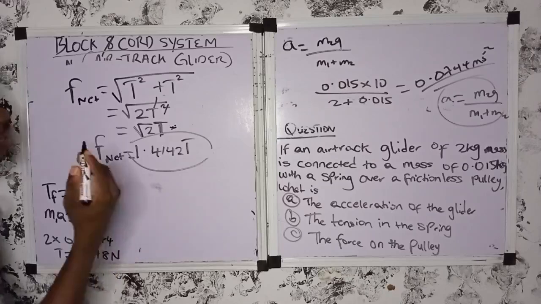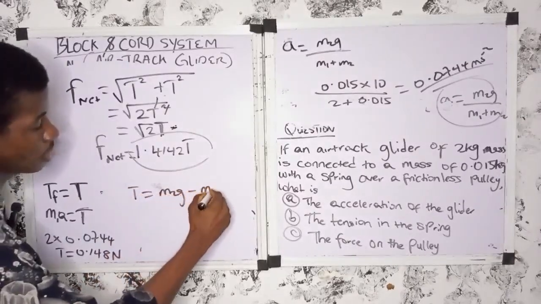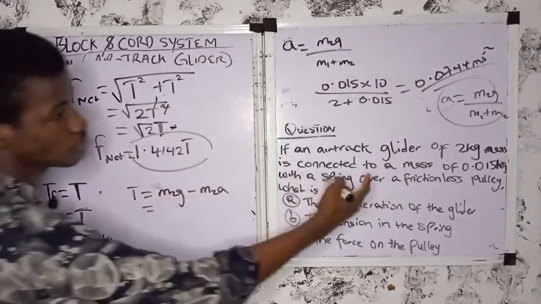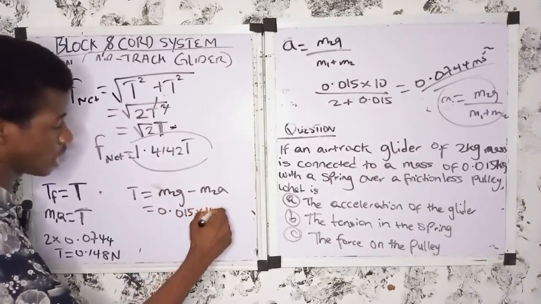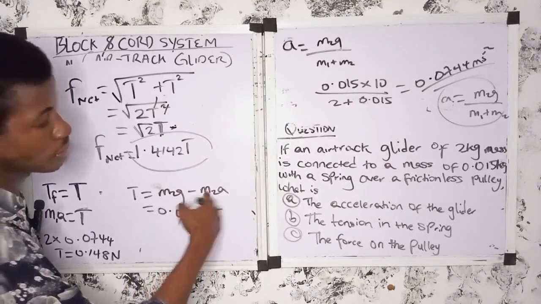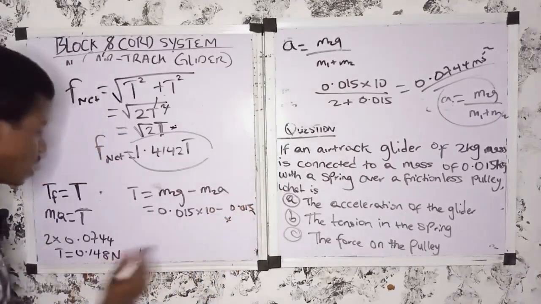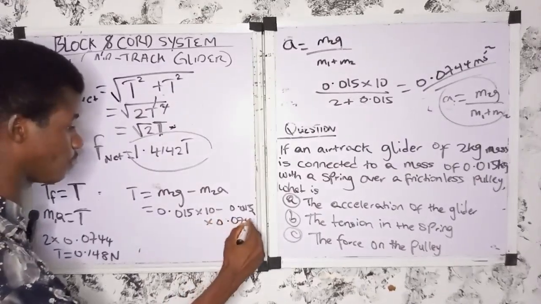So our tension is equal to M2G minus M2A, right? M2 is 0.015, times G, which is 10, minus M2, still 0.015, times A, which is 0.0744.